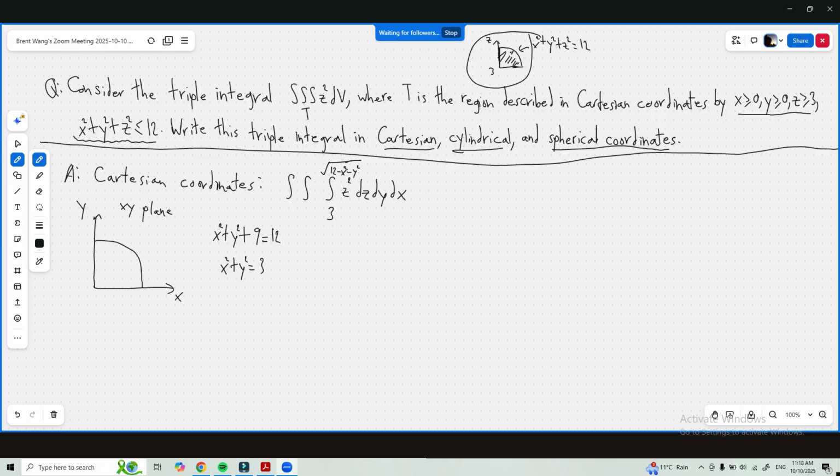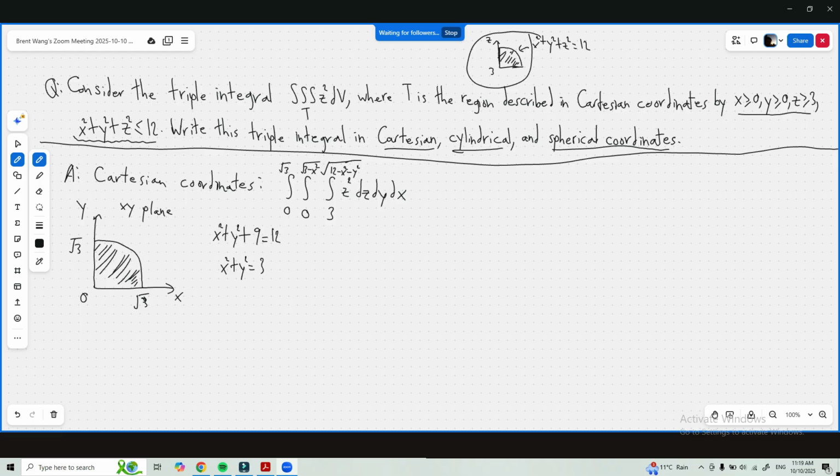Looks something roughly like this. So root 3, and 0. And on the xy plane, looks roughly something like this. So on the dy, bounded below by y equals 0, and above by root of 3 minus x squared, and x is from 0 to root 3. So this is what it is in Cartesian coordinates.